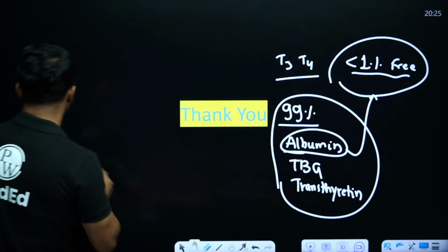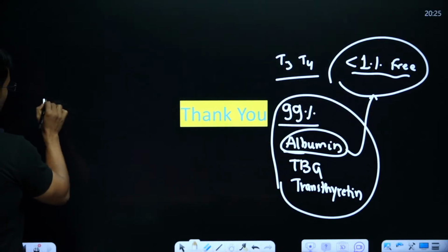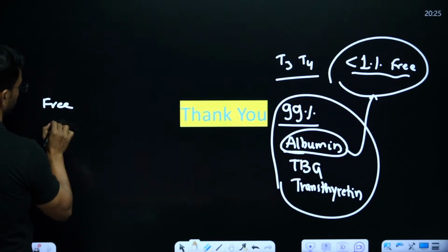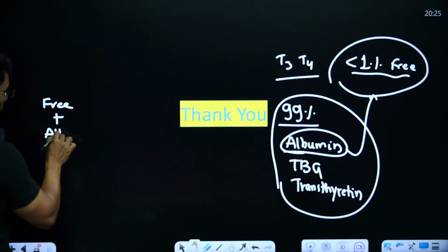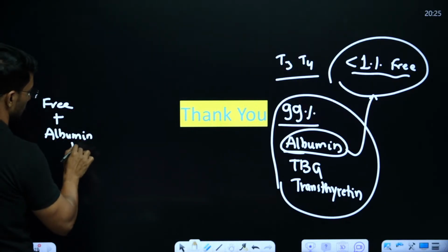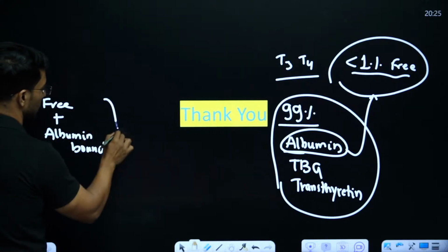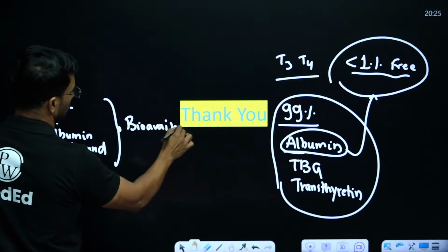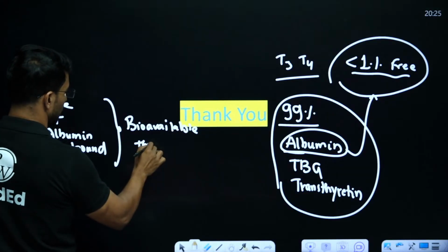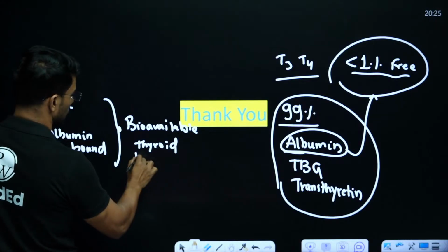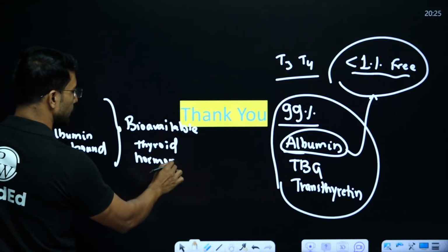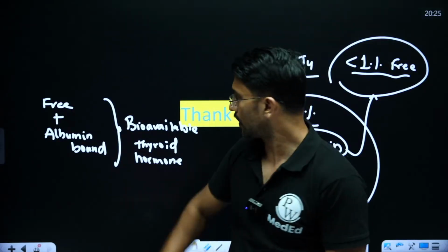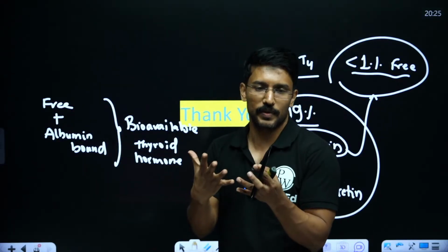So that's why the free plus albumin bound T3 T4, this is collectively called as bioavailable thyroid hormone, because free ऑलरेडी काम कर रहा है, काम के लिए वो अवेलेबल है, एंड अल्बुमिन बाउंड इज इजीली रिलीज, क्विकली रिलीज, सो दैट इज ऑल्सो अवेलेबल फॉर मी जब भी शरीर को जरूरत है.